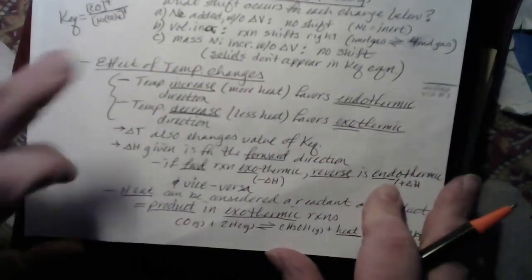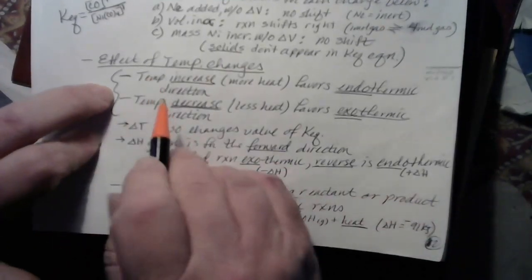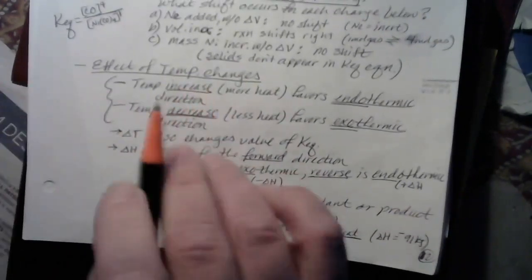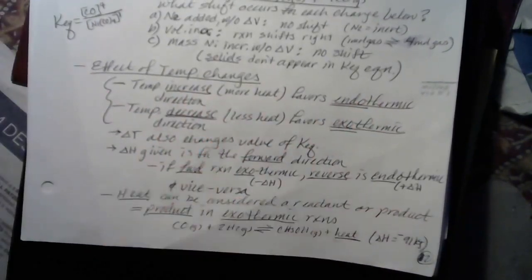But with the effects of temperature change, it's a little more subtle, because you have to know which direction of the reaction is endothermic and which is exothermic. Usually, if you see an equilibrium reaction written with a value for delta H, the enthalpy change, a negative value means the reaction is exothermic, and a positive value means it is endothermic.